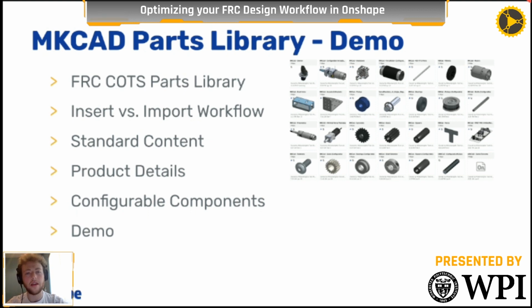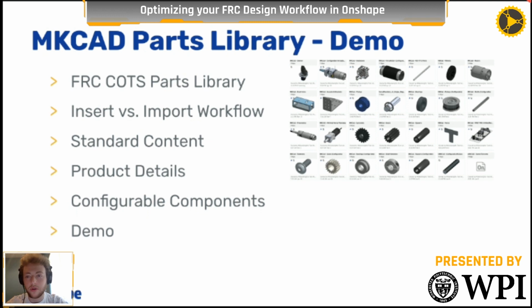Another thing that I want to highlight is not necessarily part of the MKCAD parts library, though it is a parts library, and that's Onshape standard content. Onshape added standard content, I believe, in 2018, and my best way to explain it is a simplified McMaster catalog with far less to offer, obviously, where Onshape users can grab standard content, nuts, bolts, other fasteners, whatever, things that are standard in nature.